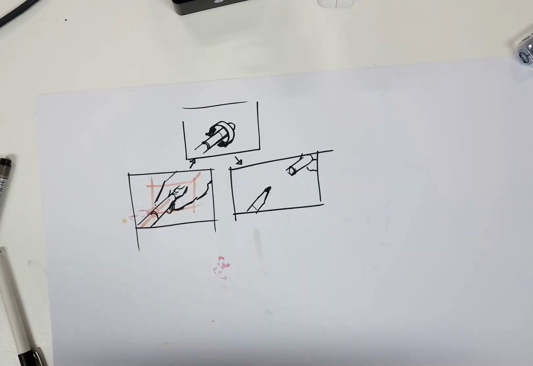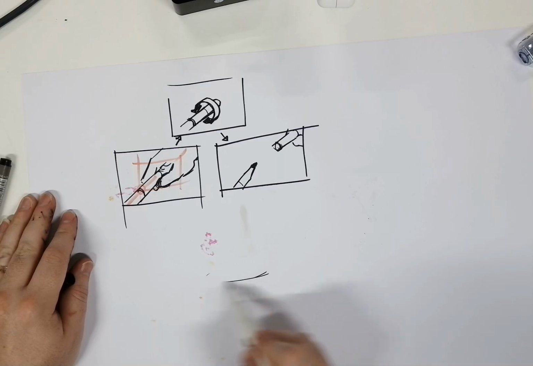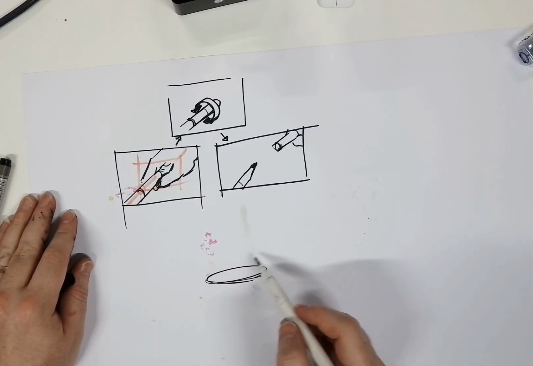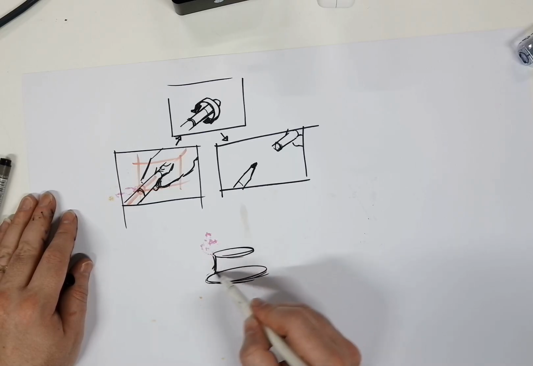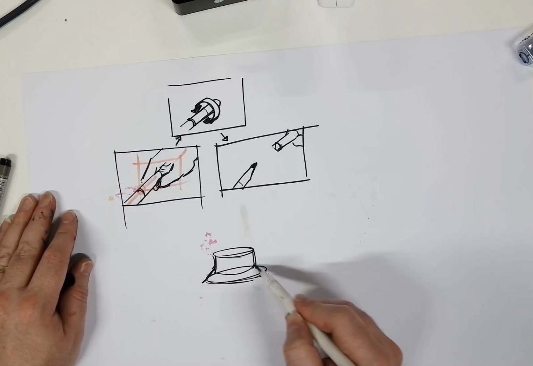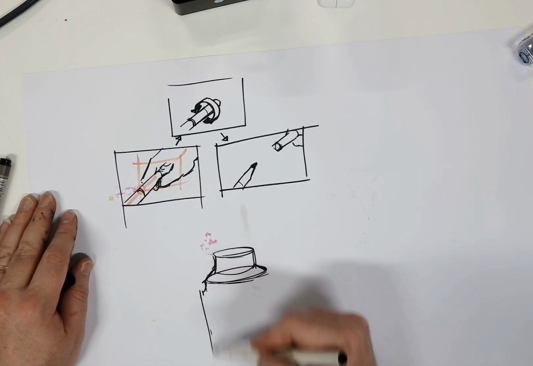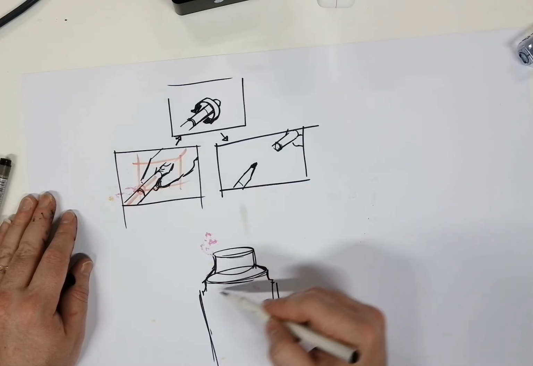Sometimes the storyboard's going to be one frame of you just doing the action. So for our water bottle that I just drew, I might have a frame like this. How did it look? Something like that. So this might be my storyboard for this water bottle.